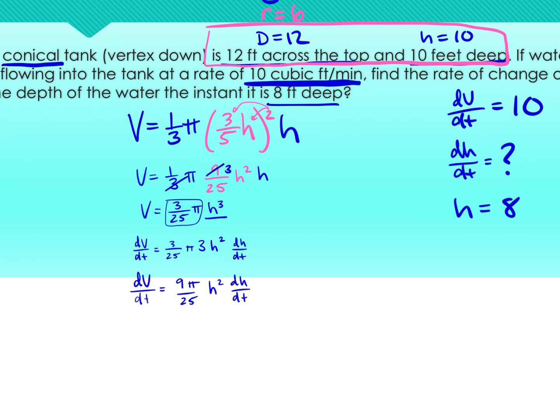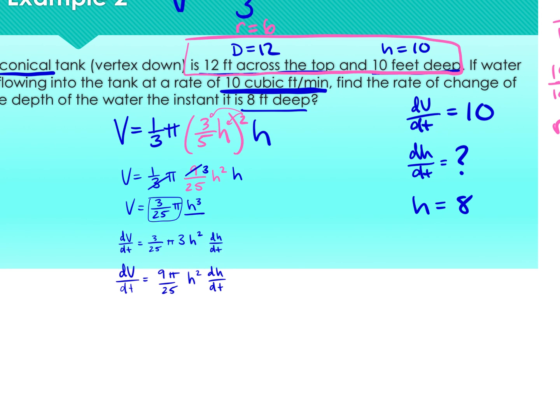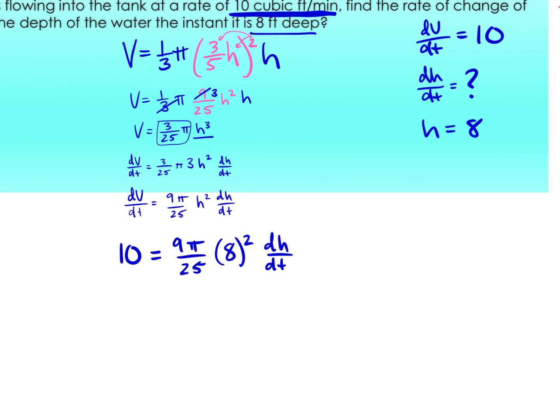Now let's plug in everything we have. So dV over dt was 10, is equal to 9 pi over 25. h is 8, so this would be 8 squared. dh over dt is what we're looking for. From here, just be careful with the math. 8 squared would be 64, times 9 would be 576.